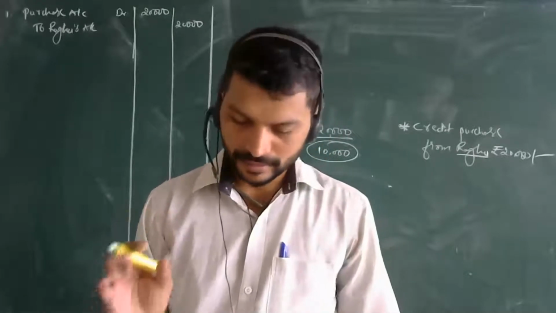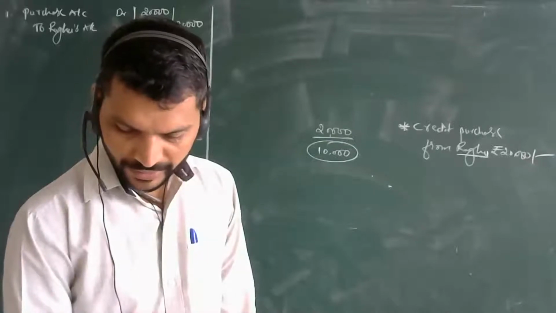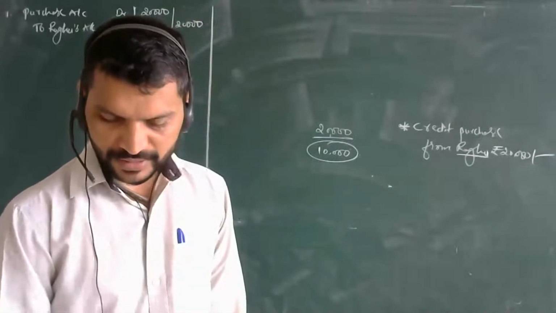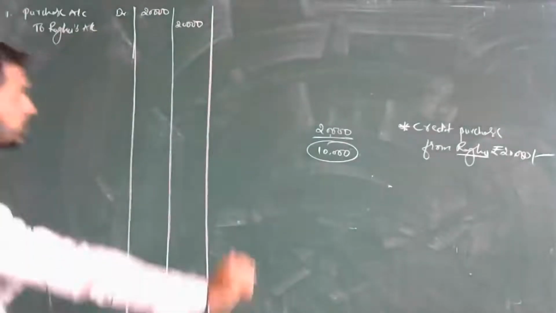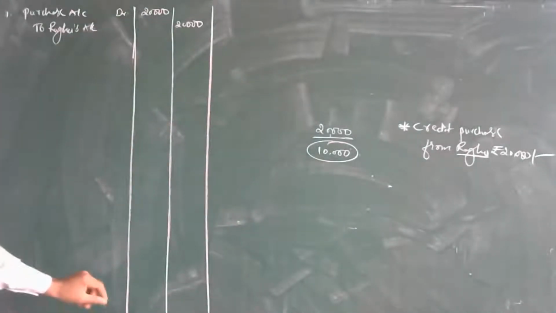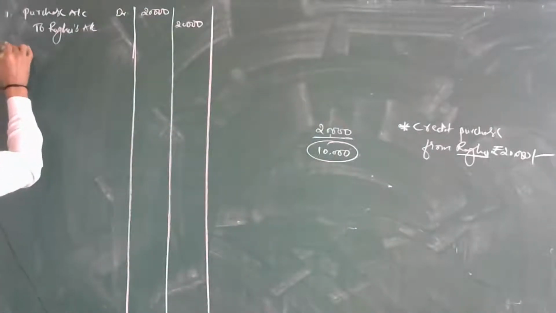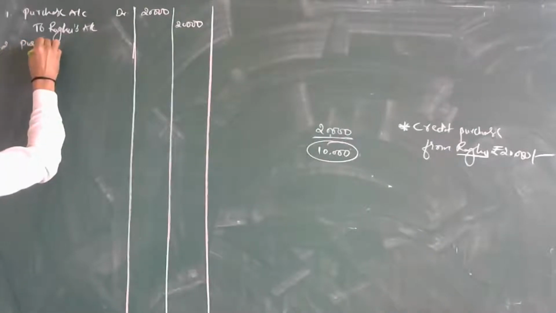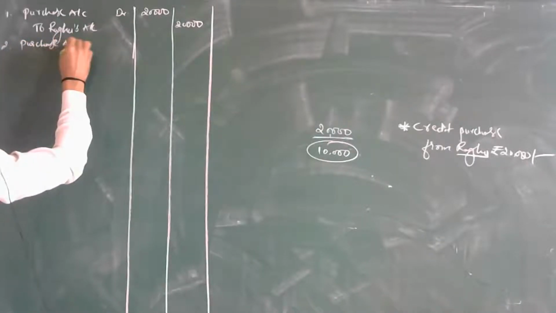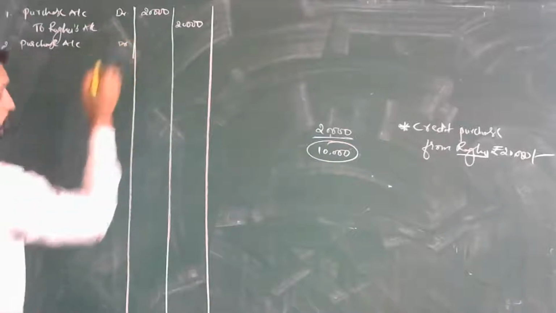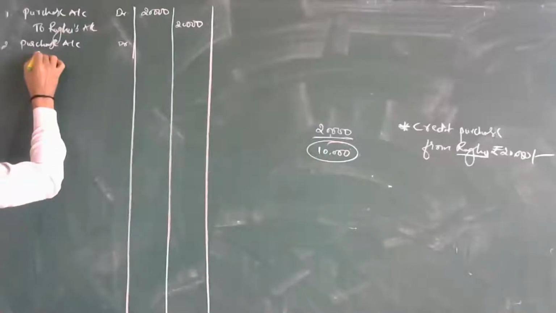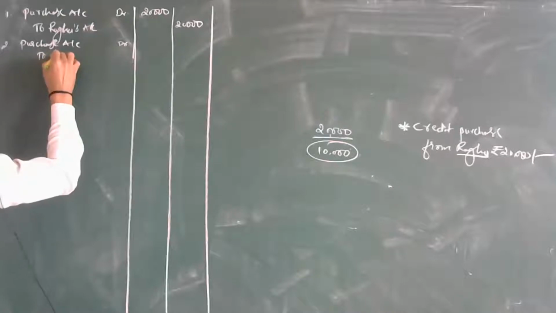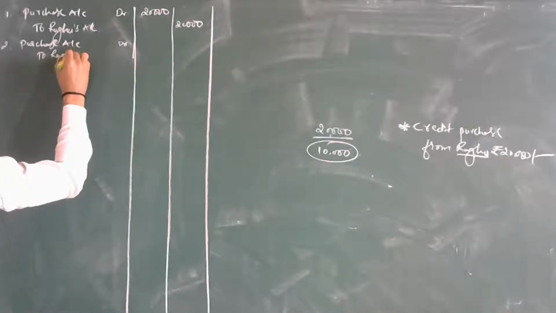See, credit purchase from Raghu recorded as 10,000 instead of 20,000. Now it is corrected here. Purchase account, what was the entry here? Purchase account debit to Raghu's account.